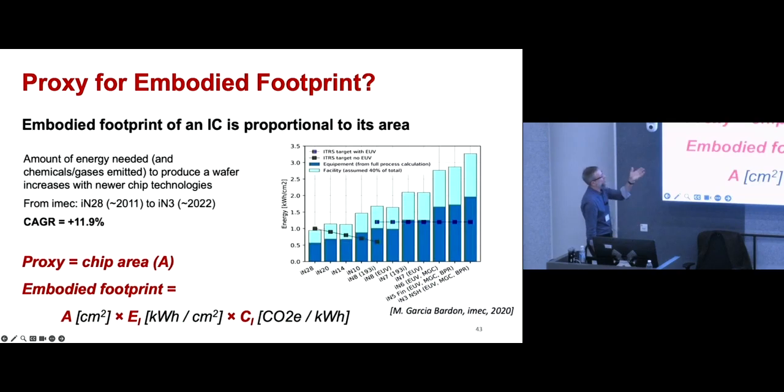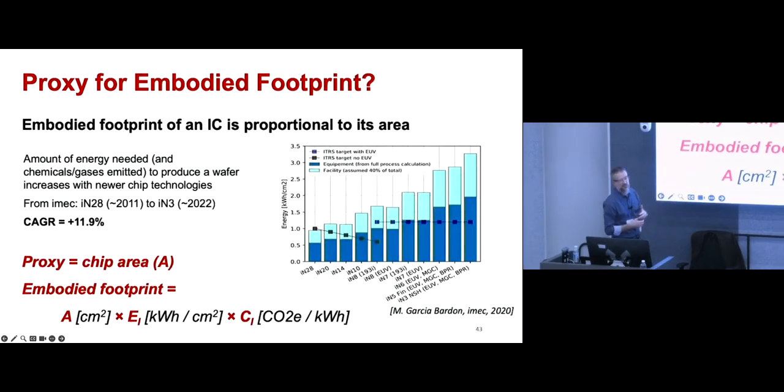So the embodied footprint proxy is chip area, and to make it more concrete, if you have chip area in square centimeters, we multiply this with the energy consumption to produce one square centimeter, and then with the carbon intensity at the manufacturing site.